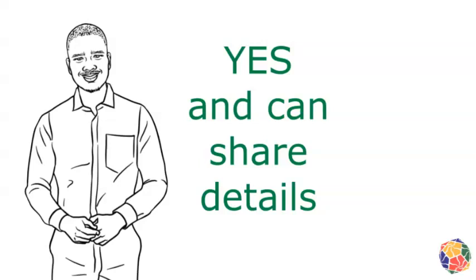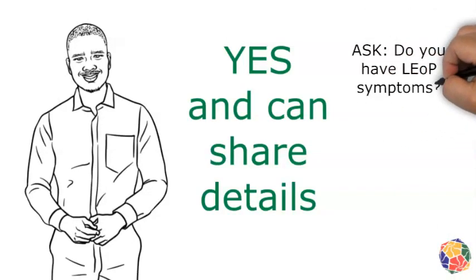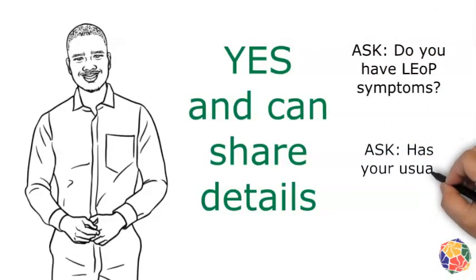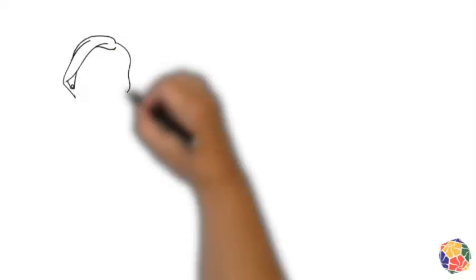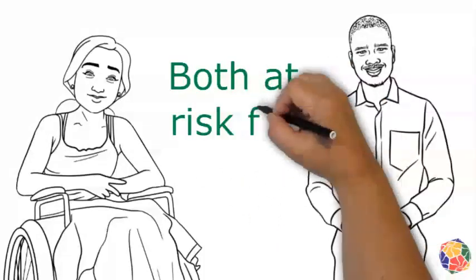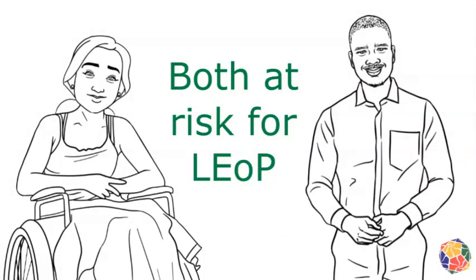They too should be asked about any of the 6 post-polio symptoms emerging and of any changes in their body's usual ability to function. Those who answer yes are at risk for developing post-polio symptoms, and so they should be educated about this possibility. The person's doctor should be informed about this response for the person.